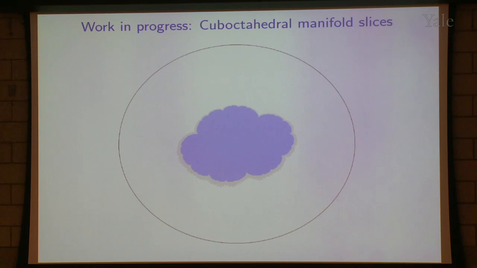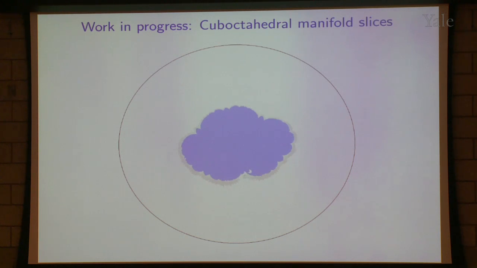The next thing that you might try to do is consider a manifold that has 2 different boundary surfaces and look at slices of its skinning map image. There's a natural way to produce a hyperbolic manifold with 2 4-punctured sphere boundary surfaces by gluing faces of the regular ideal cube octahedron in hyperbolic space. And we considered slices of this where you look at the diagonal in the bidisk, which is the Teichmüller space of the boundary here, and various rotations of it.